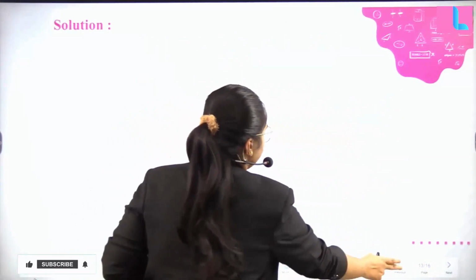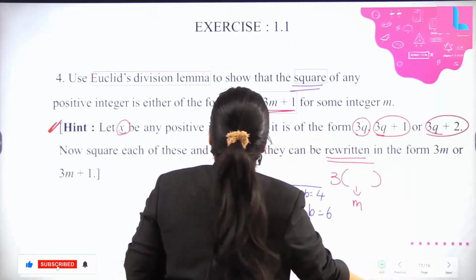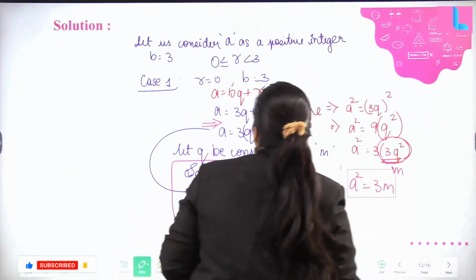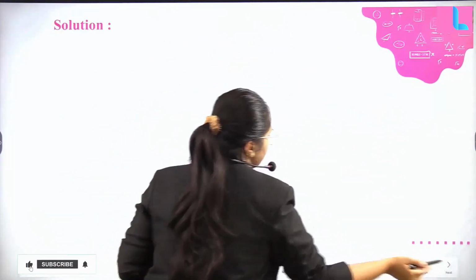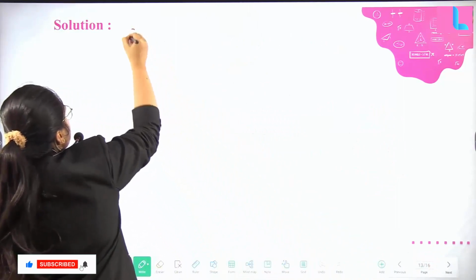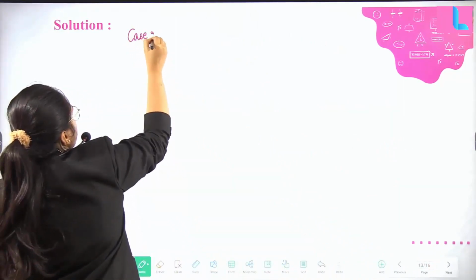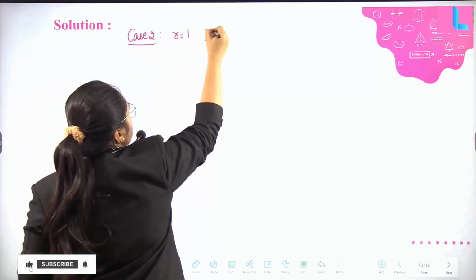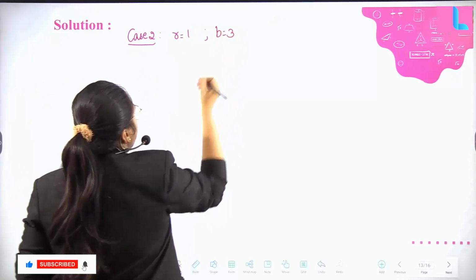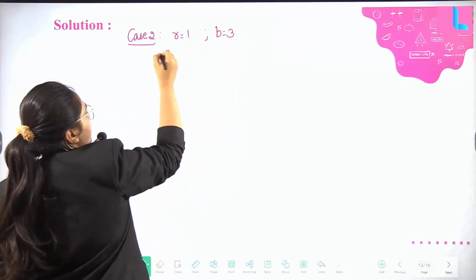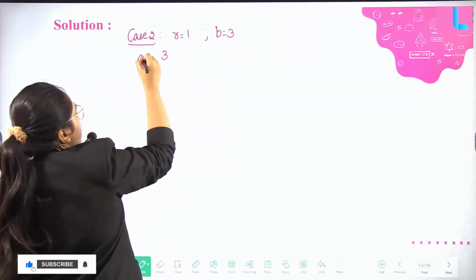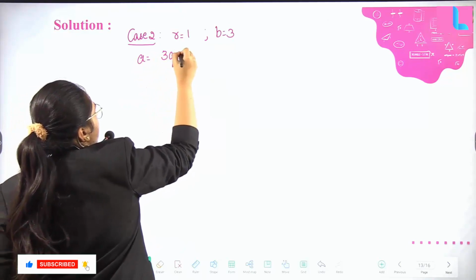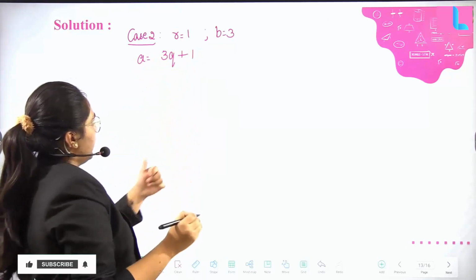We have to do the next case. Case 2. r is equal to 1, b is equal to 3. Okay, so a is equal to 3q plus 1.